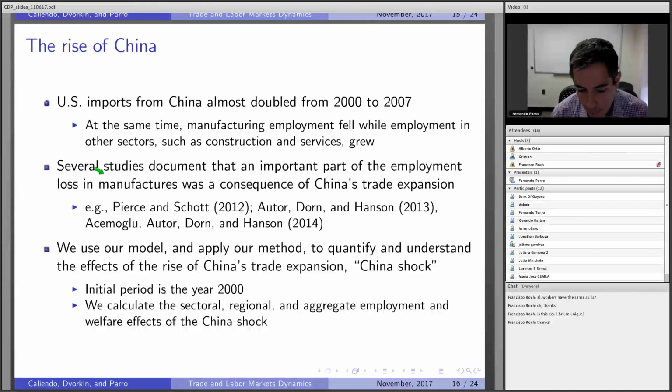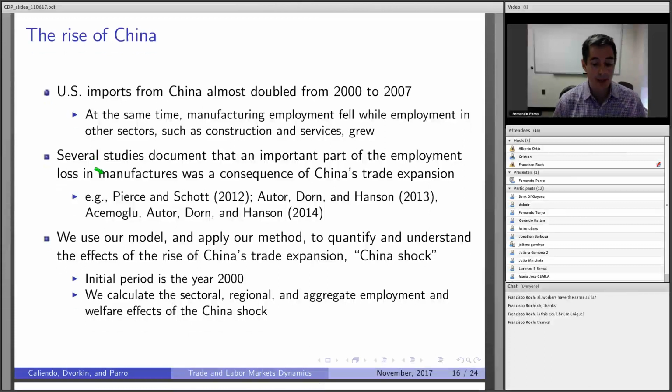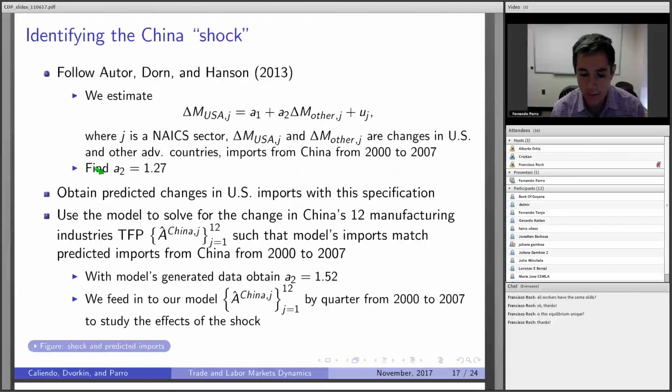Remember from the solution method and the counterfactual slide that to compute the effect of the China shock, we don't need to identify the unobservable fundamentals of the economy, except for one, which is the change in productivities in China, the China shock. That is what I'm going to show you next: how we identify the China shock before computing the results.